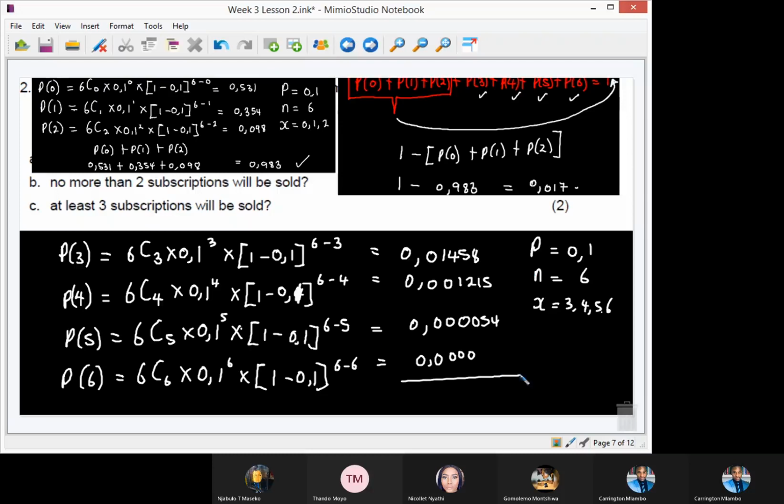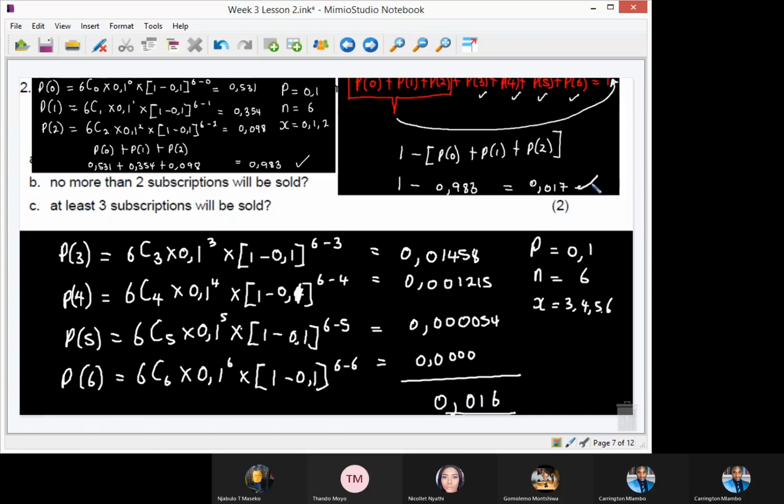Then once you are done, you can add them together, right? This plus this times 0.1 to the power 3, right, plus... You get approximately 0.016.